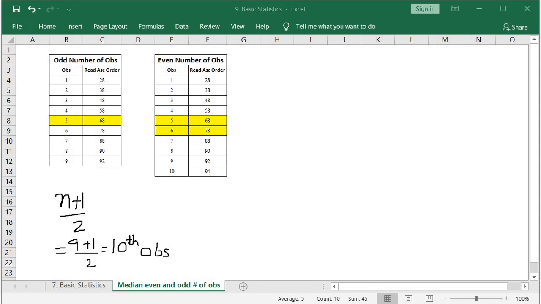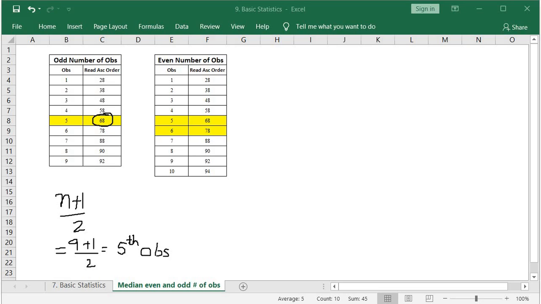The value of n is 9 in this case. Since we have 9 observations, 9 plus 1 divided by 2 comes out to be the 5th observation. So the fifth observation becomes the median, which is highlighted in the table in yellow, and your median is 68.